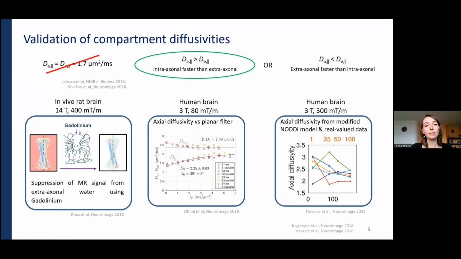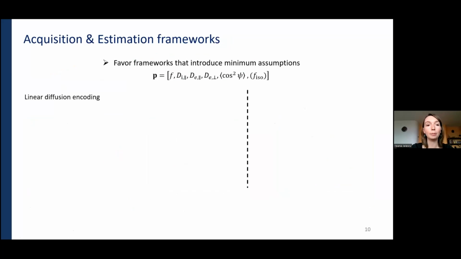Knowing this, we now have more confidence in estimating these parameters and using them reliably in the brain. So what I would like to encourage is that if you're trying to estimate microstructure in the white matter, we can now afford to favor frameworks that introduce minimum assumptions. It is possible to estimate at least these 5 model parameters, if not also an additional compartment.